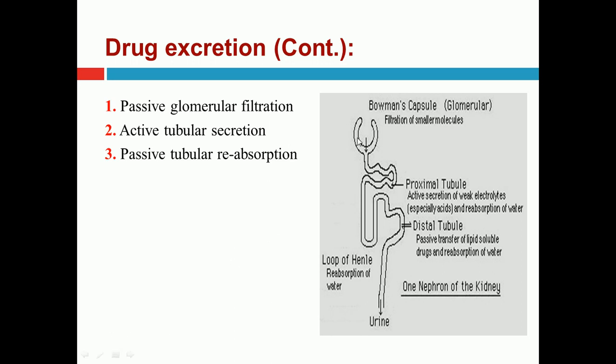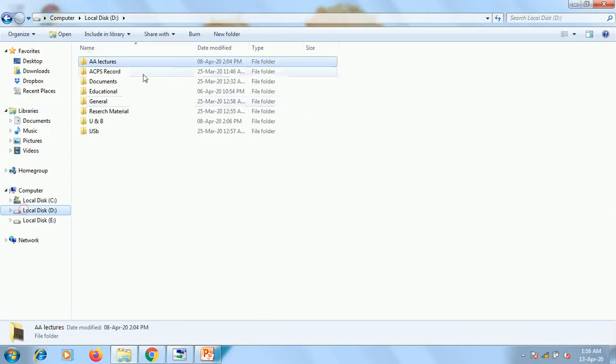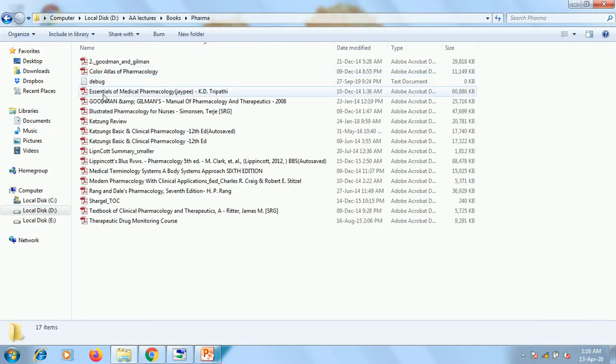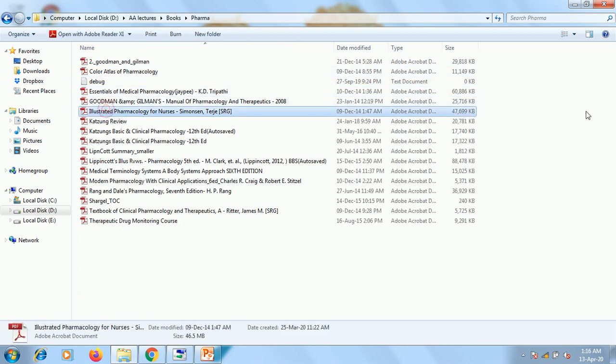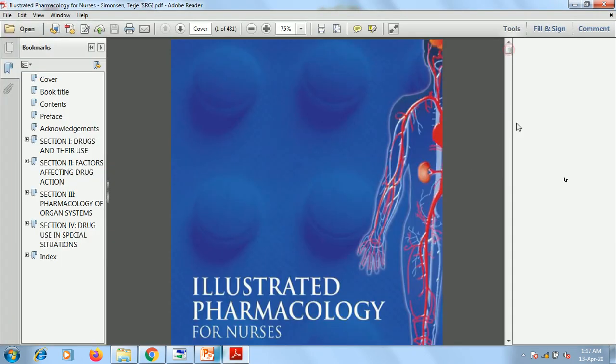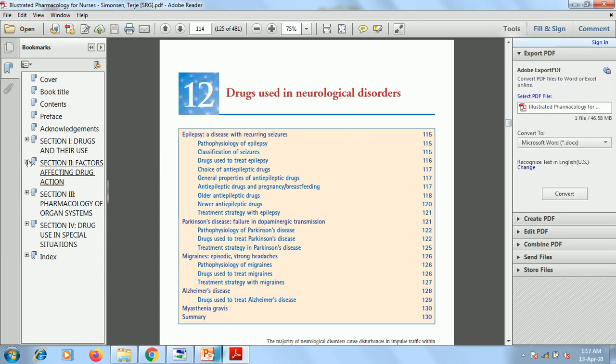Here you can see is the diagram of a nephron. So this is, let me show you. Just bear with me.